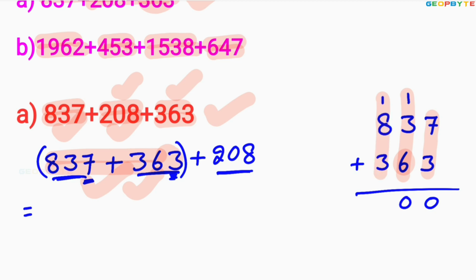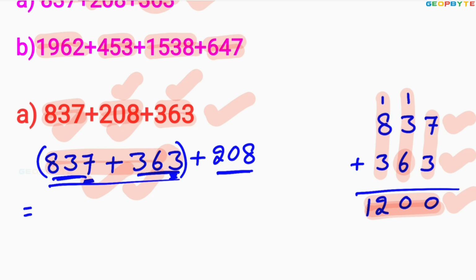Add these three numbers: 1 plus 8 is 9, plus 3 is 12. Write the 12. I said when I add these two numbers I will get a rounded value. Therefore it is very easy to add the remaining value to the 1200.